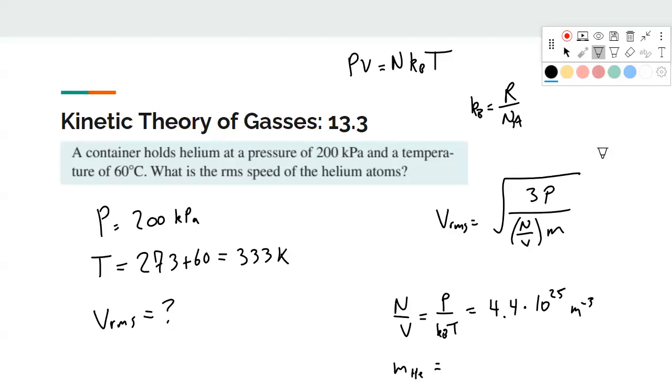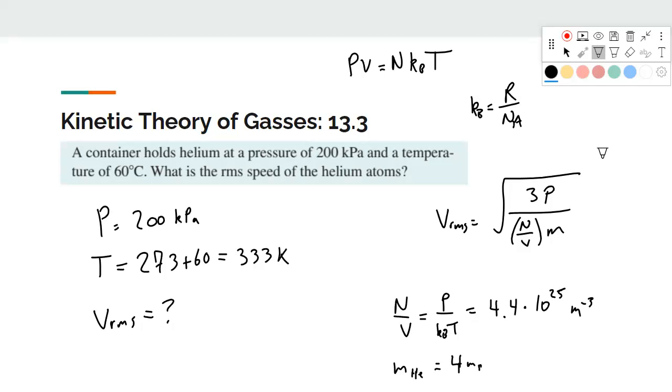The most common isotope of helium is helium-4, so it has 2 protons and 2 neutrons. If you look at the atomic mass or the molecular weight, whatever you want to call it, of helium on a periodic table, it'll say 4 because most helium is helium-4. And so we just have to do 4 times the mass of a proton, which is something that you just have to look up or have given to you, at least in this class.